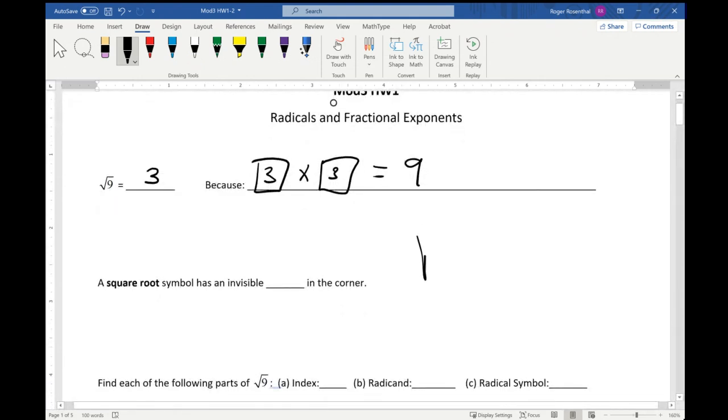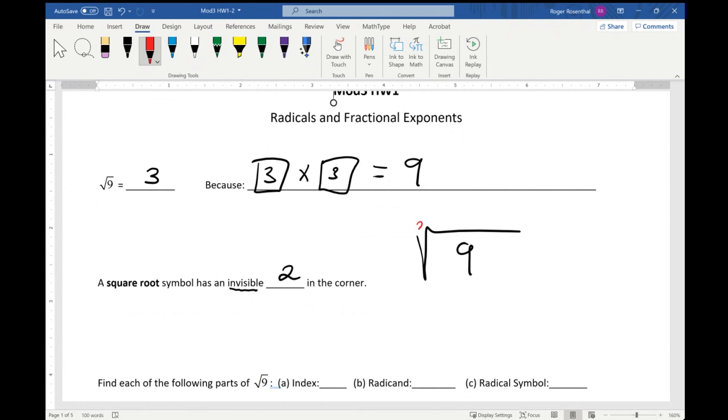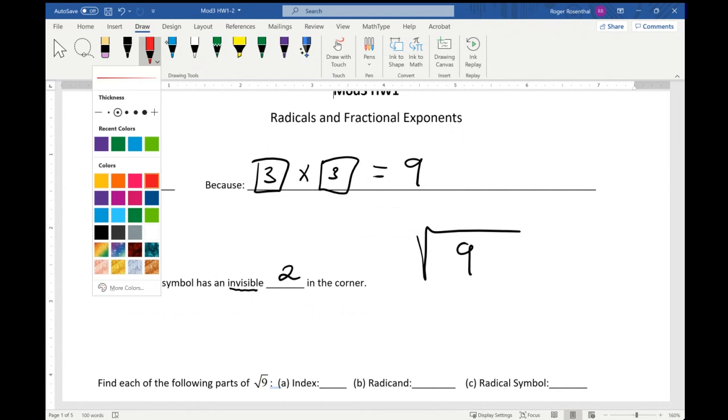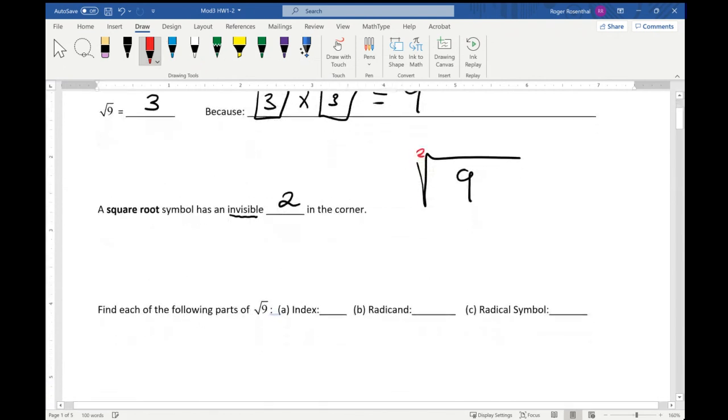Now, a square root has an invisible 2 in the corner. In other words, there's really a 2 here, but you don't have to show it, and we ordinarily don't show it when you have a square root. Okay, each of the parts of this have a name.